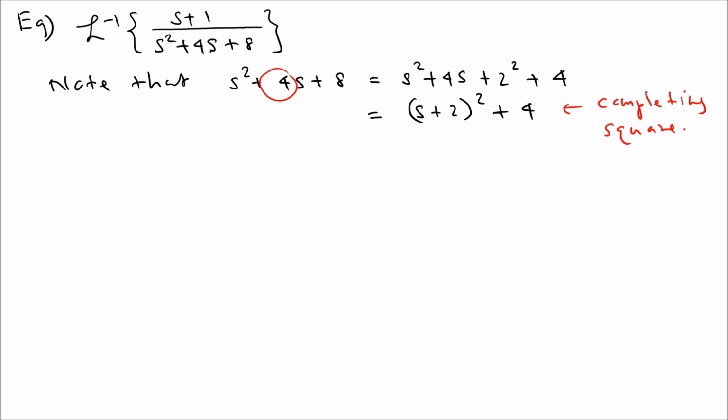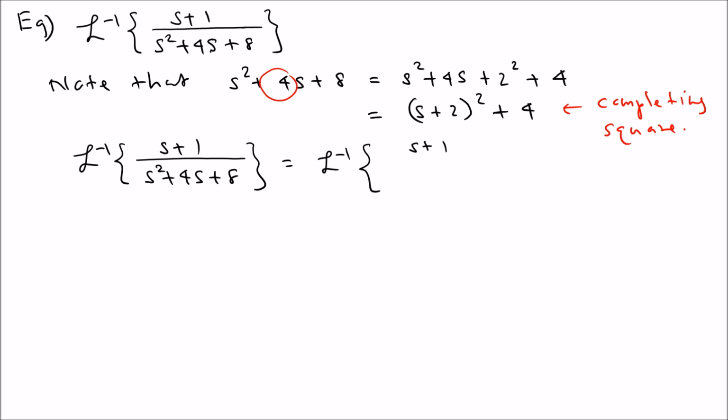So let's look at the problem. L inverse of s plus 1 over s squared plus 4s plus 8 is simply equal to L inverse of s plus 1 over s plus 2 squared plus 4.